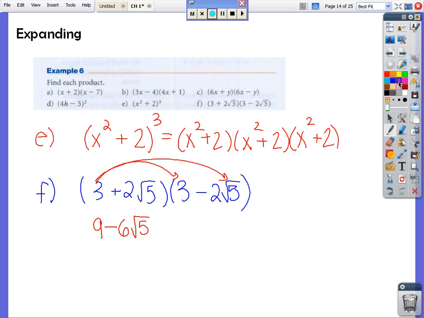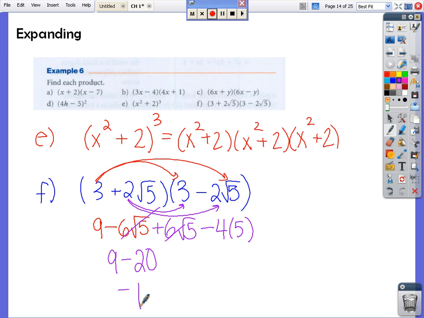Then underneath here, 2 root 5 multiplied by 3 is 6 root 5. And then 2 root 5 multiplied by negative 2 root 5, and I get negative 4 times 5. So we end up with, we knew that was going to happen, hopefully, 9 minus 20, and so we get negative 11 as our answer.